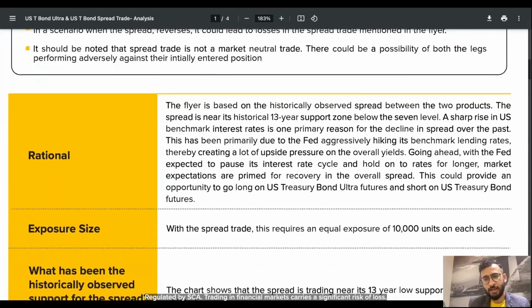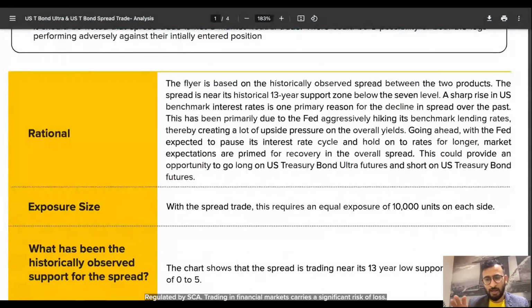Now, historically, it was observed that between a short term and a long term bond product, the spread, or the difference between both the bonds, was X amount, let's say, right? And in the last 13 years we have seen that this particular difference has now reached a level from where it can bounce back, because a sharp rise in the US rates was one of the primary reasons that prices went down and the yields went up.